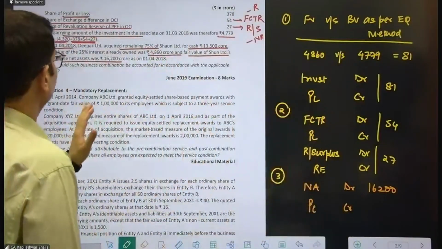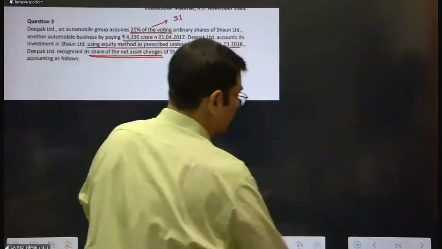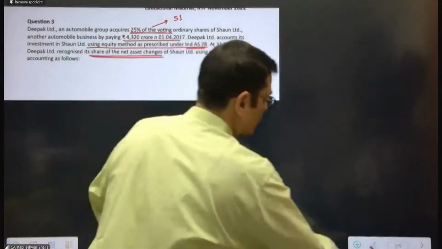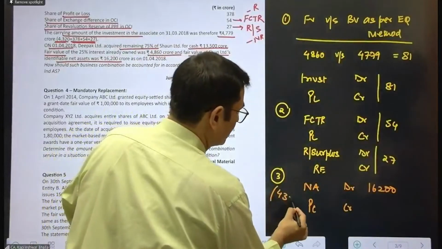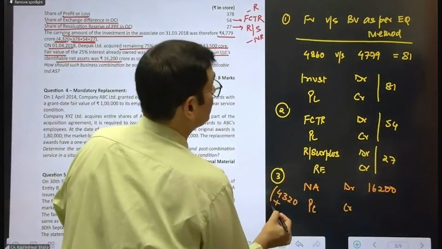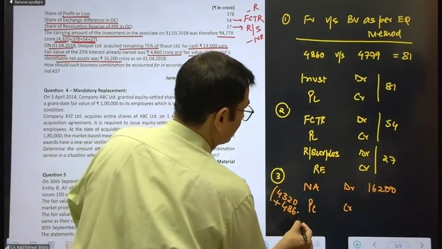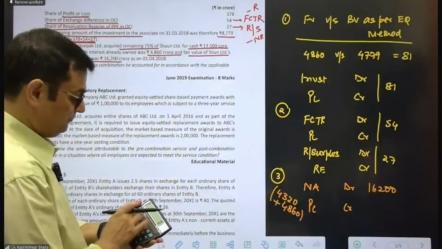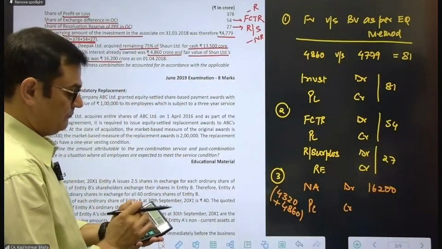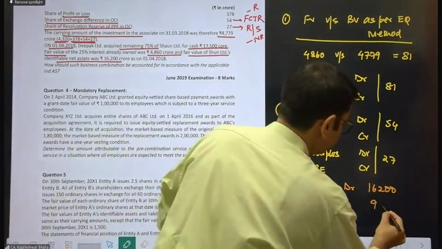So what did we pay as of now is given previously. So we paid 4320 crores previously. So we can take this as 4320, and the fair value of the PHI is 4860. So let's see the sum total of this. 9180.